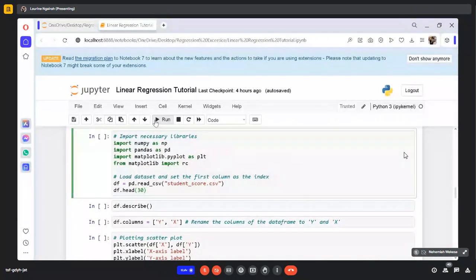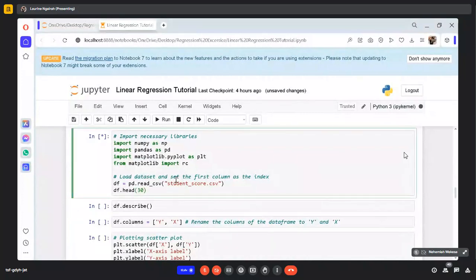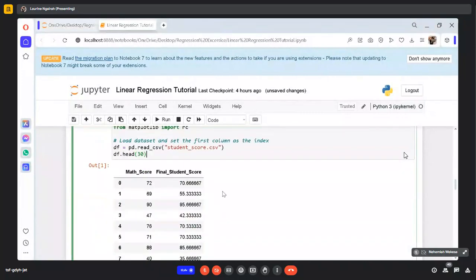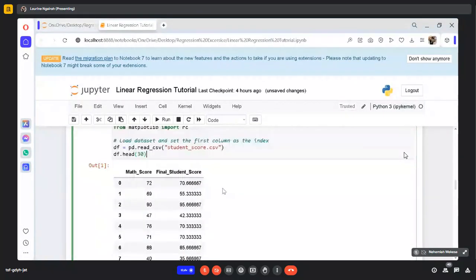So we can run this. I think everyone understands this because this is what we've been doing. Yeah. So this is our data. Lauren, yes. Yeah, sorry for taking you back. Do you mind explaining the last package, from matplotlib import rc? What is rc?